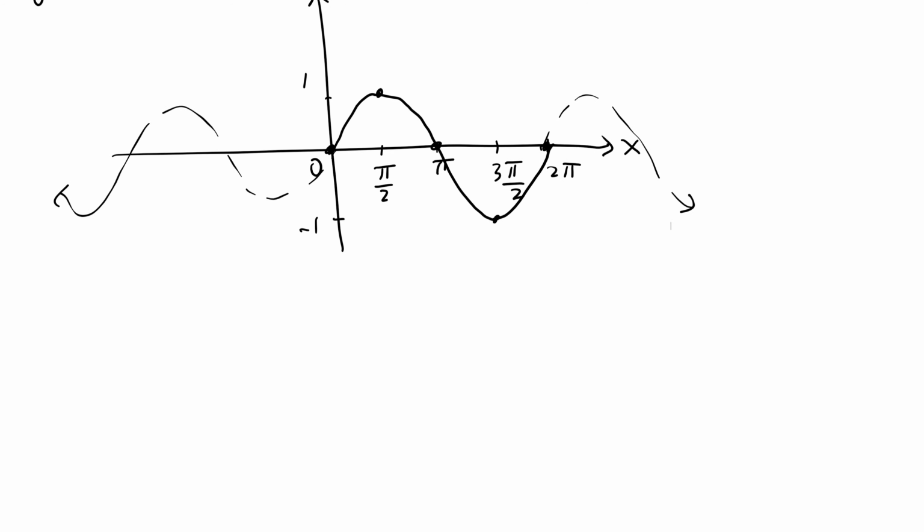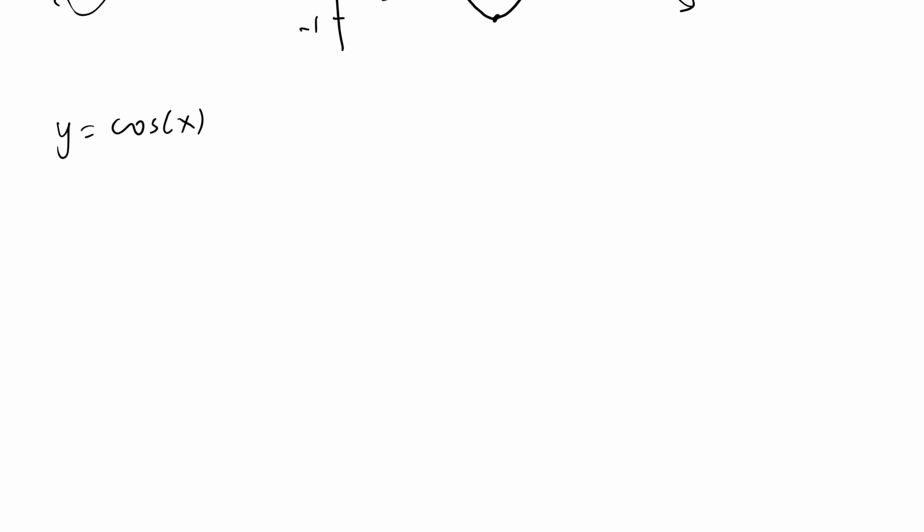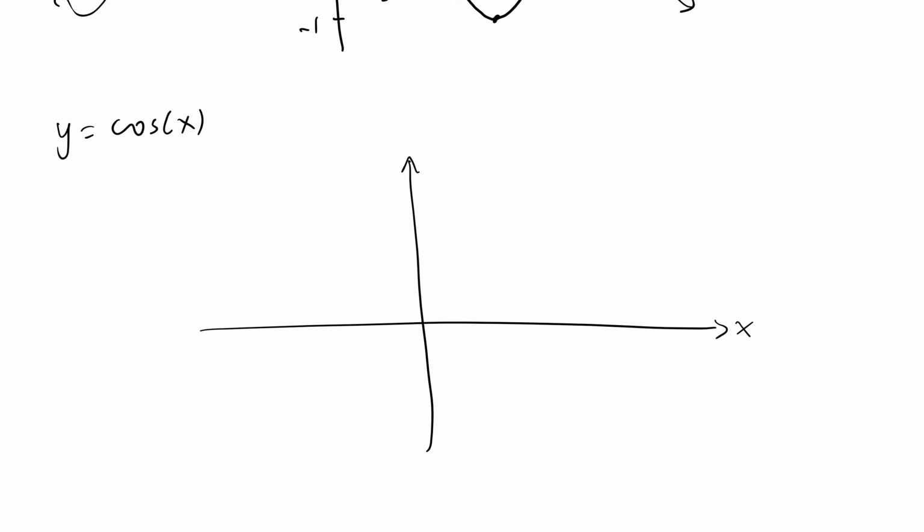We do the same for cosine. So cosine starts not exactly at 0, 0, but I start at 0, 1. So y equals cosine x. 0, 1. And again, it's over 2 pi.